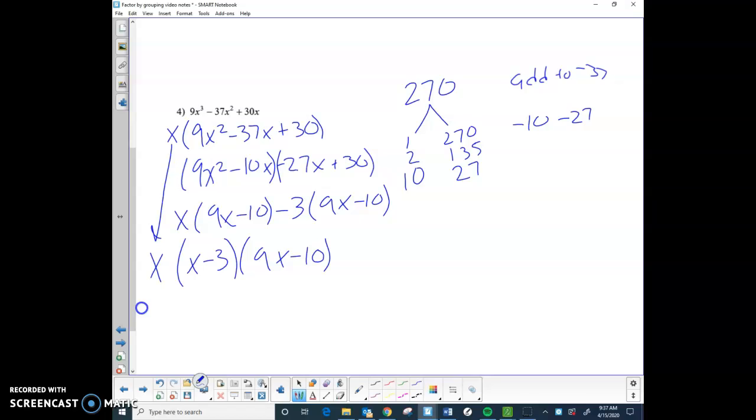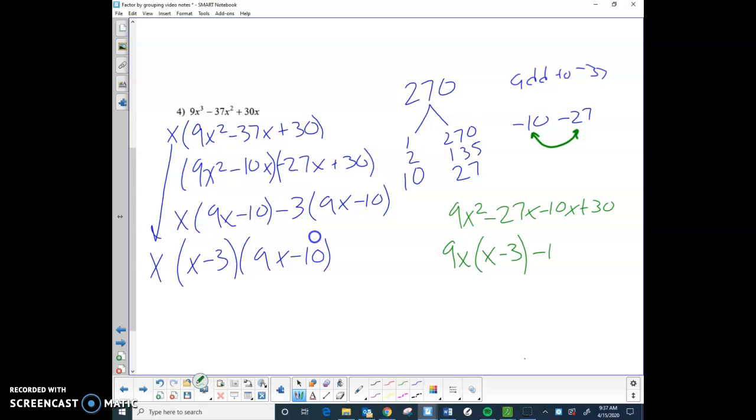All right, so the thing with this one, does it work if I flip these numbers around? And it actually does. I will show you, you'll end up with the same answer. So if I rewrite that inside term as 9x squared minus 27x minus 10x plus 30, this time I have a 9x that pulls out, and I'm left with x minus 3.